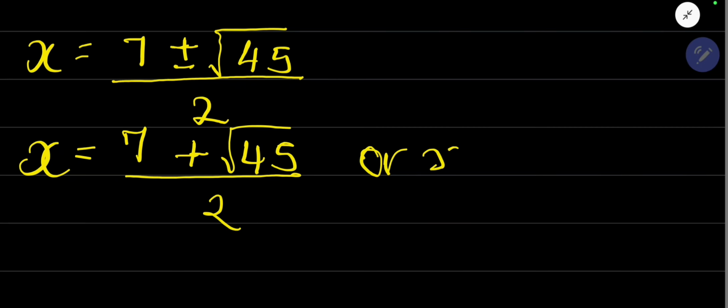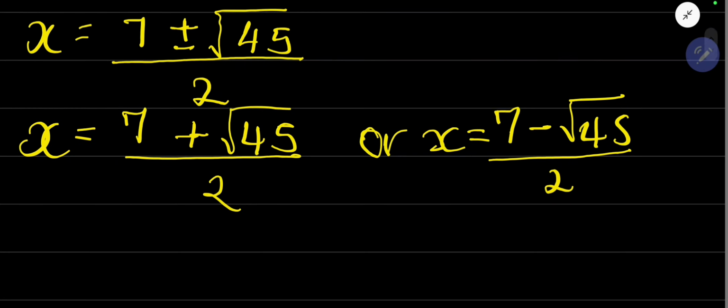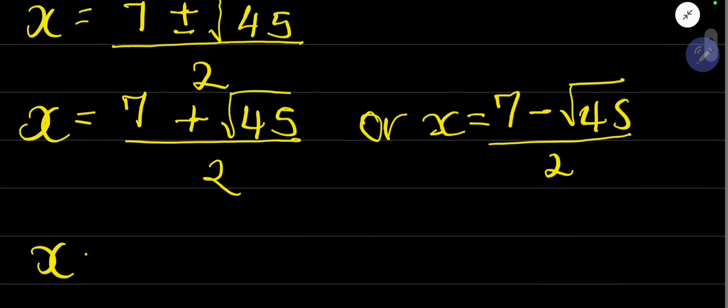Or x is equal to, now we are using that minus that you've been curious about, divided by 2. Then you take your calculator, you press exactly this, and then you get your answers.